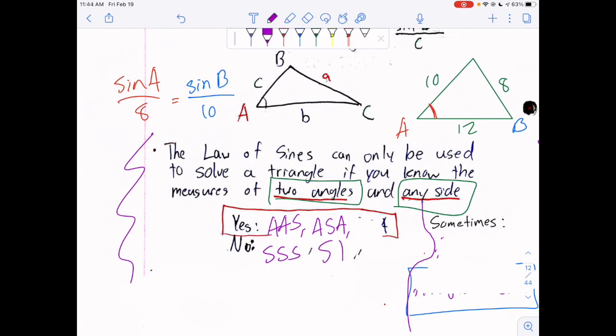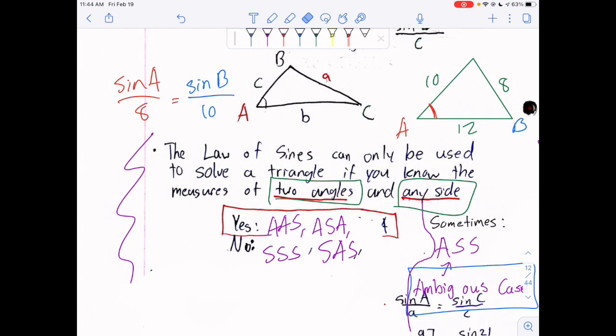And it won't work for side, angle, side. Sometimes it would work for side, side, angle, sometimes. This is what we call the ambiguous case. You can just write this down. Ambiguous.